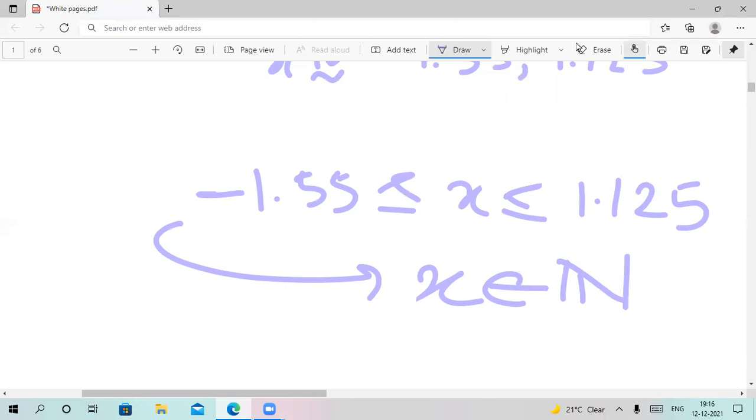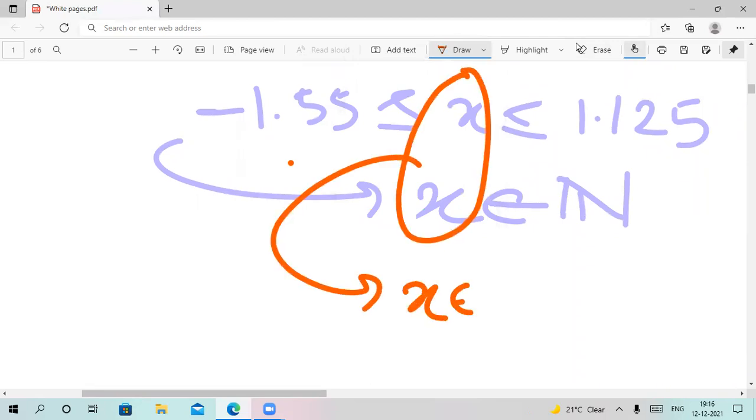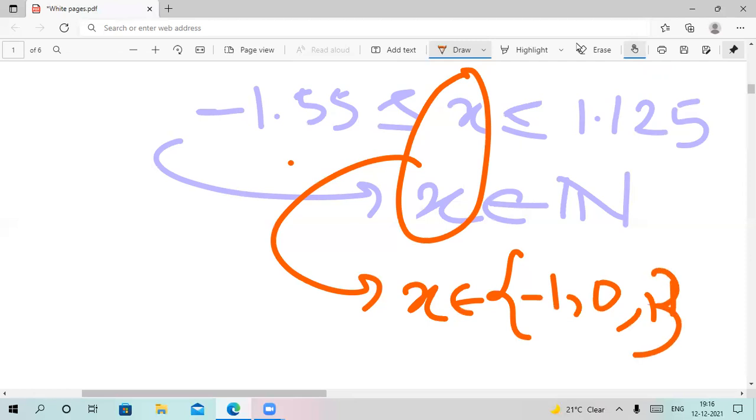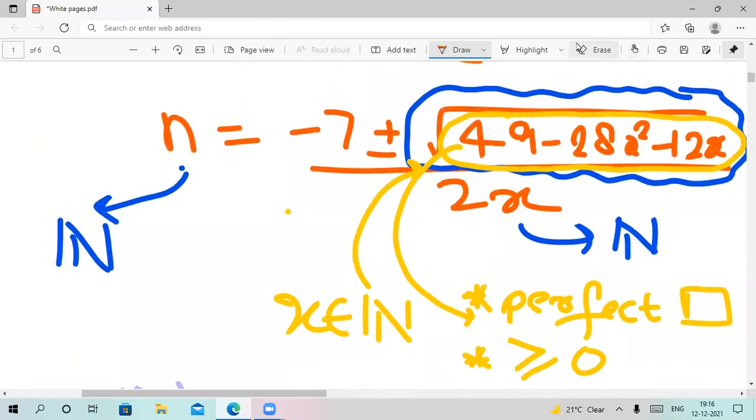So what are the total possible values of x which can exist here according to this expression? The total possible values of x will be -1, 0, and 1. Okay, these are the only values here. But you need to understand one thing, that x cannot be 0. Why?